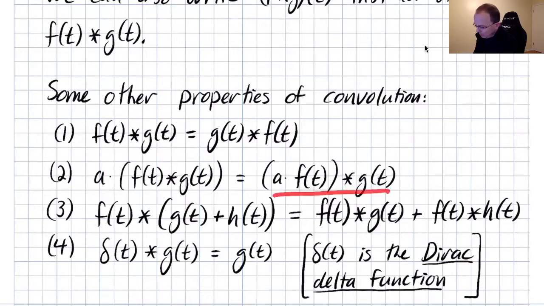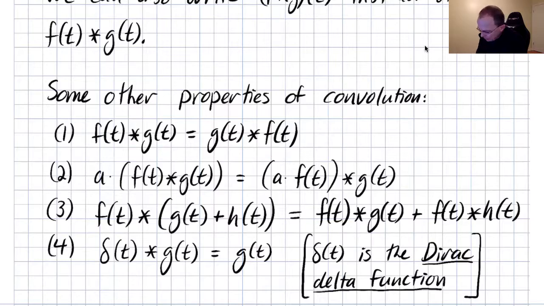In particular, if a is 0, then 0 convolve g is equal to 0. So whenever you convolve 0 with a function, you get 0, which is what you would expect with multiplication: 0 times anything is 0.